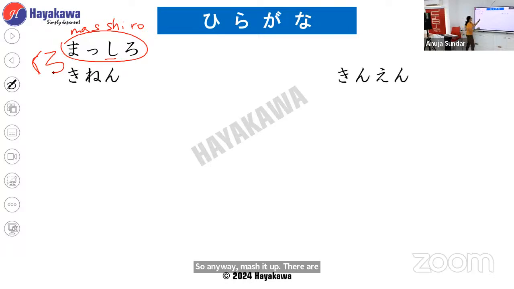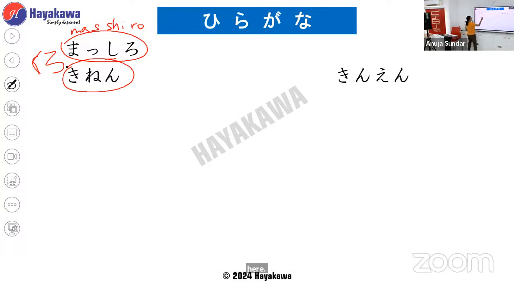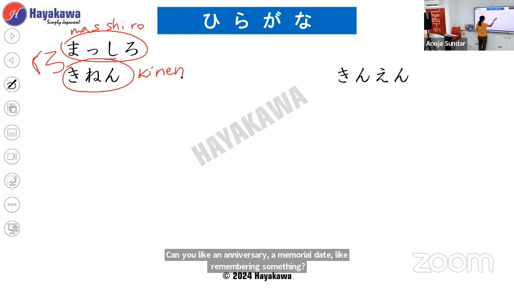There are two words. Let's do one at a time here. Kinen. Okay. Kinen. There's no double consonant. There's no elongation, nothing of that sort. It's just kinen. Kinen is like an anniversary, a memorial day, like remembering something after so many years.